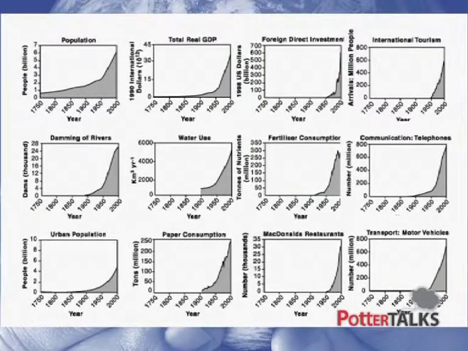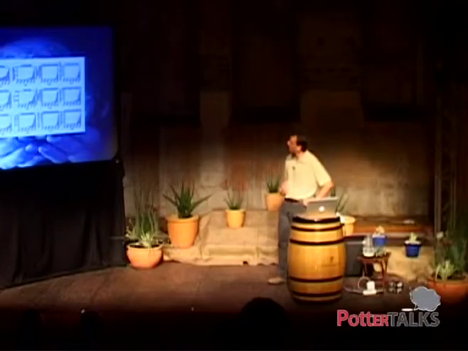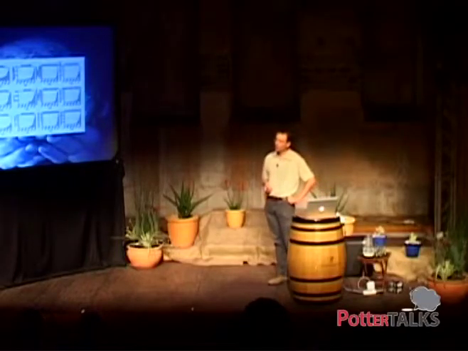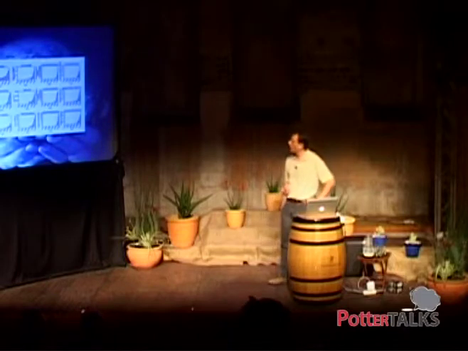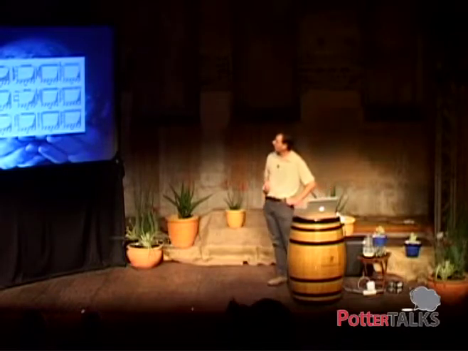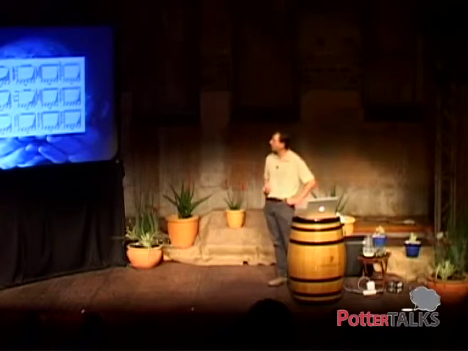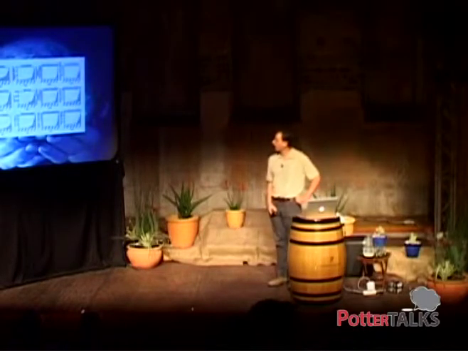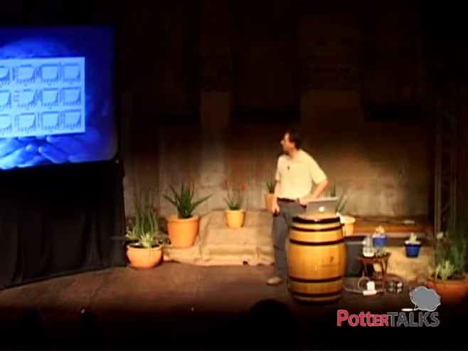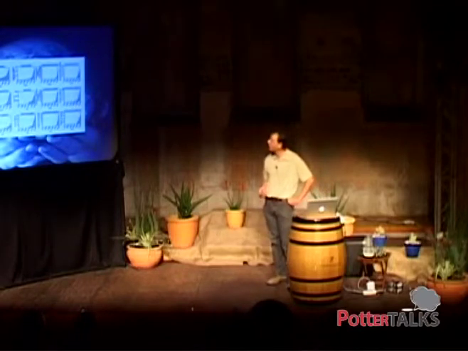So I would start off with a couple of sets of graphs. These are graphs produced by an Australian guy called Will Steffen. And he pulled together data on, first of all, global socioeconomic trends. If you look at all of those graphs, essentially they're showing the changes in a particular index from the pre-industrial era through to roughly today, at least to the year 2000.